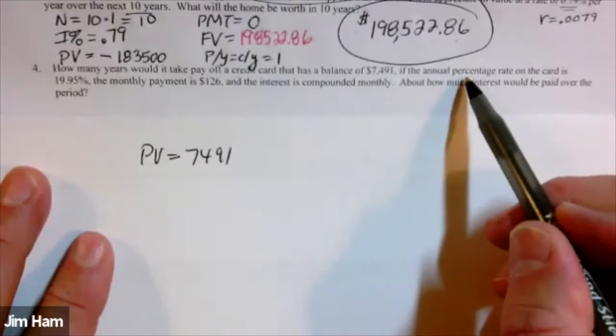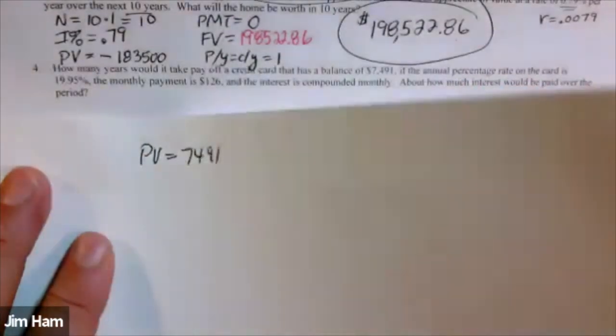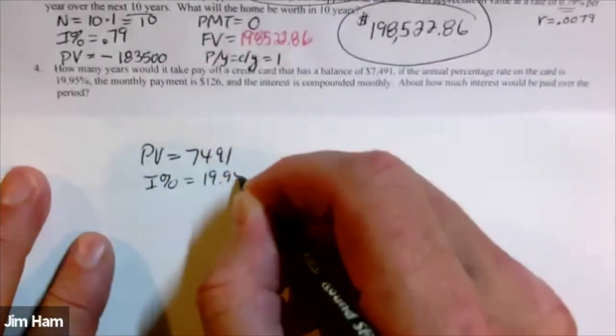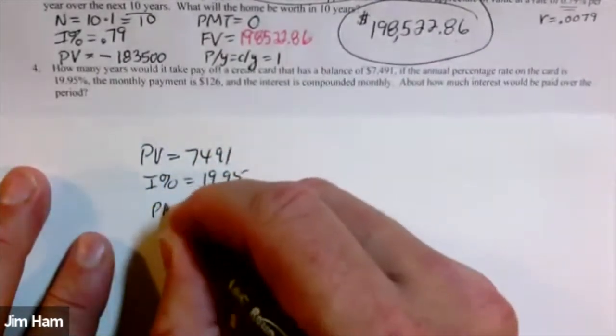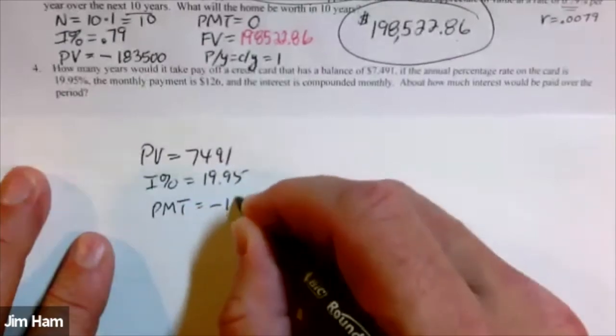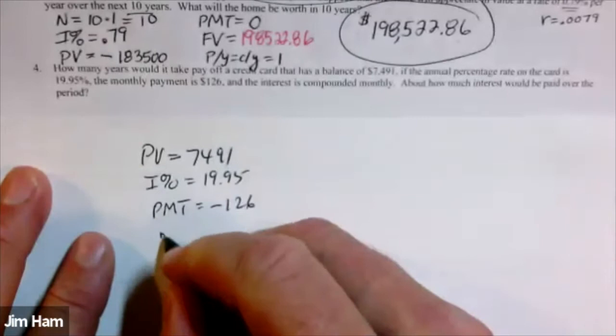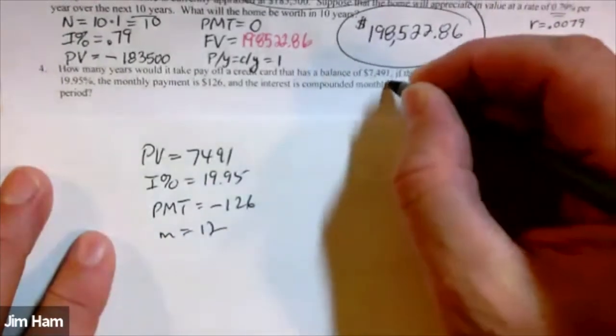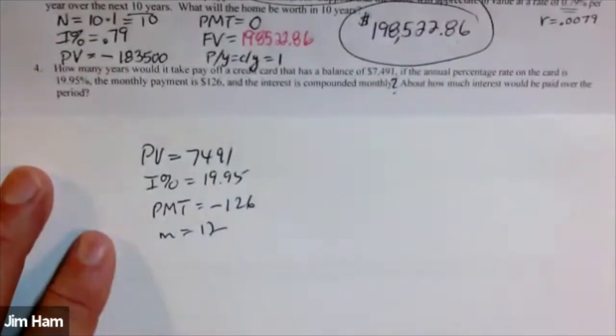If the annual percentage rate on the card is this number, and the monthly payment is -126, and the interest is compounded monthly. And then there's a second part of this one: of all that money that you've paid back, how much of it was interest?